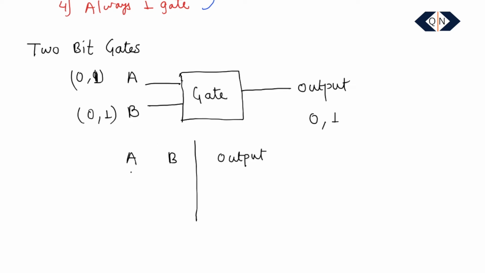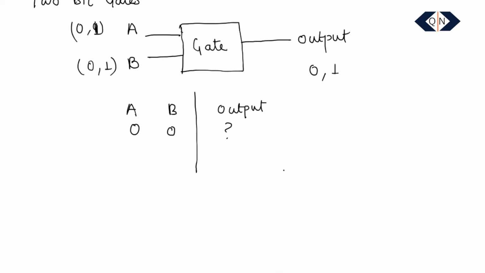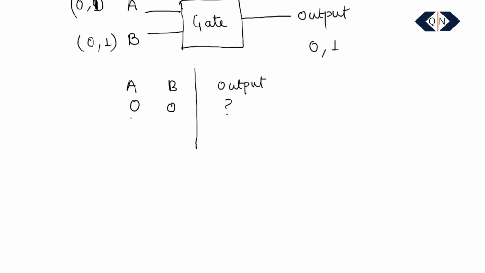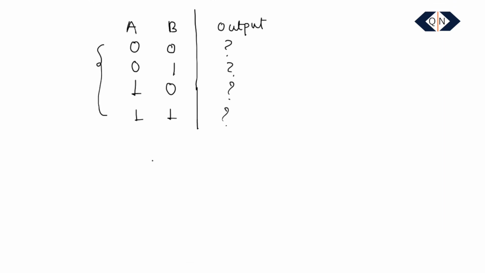Suppose we are feeding A as 0 and B as 0. Let's not discuss what the output will be because the gate is unknown. If we are feeding A as 0 and B as 1, another case will be A as 1 and B as 0, and if both A and B are 1. So these are the four possible combinations of input for a 2-bit gate.